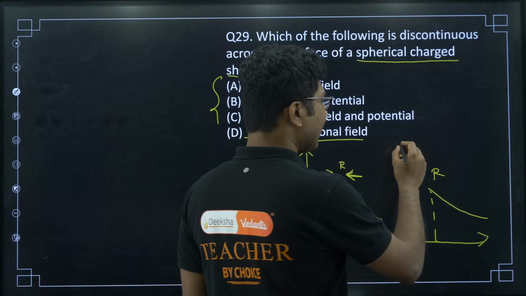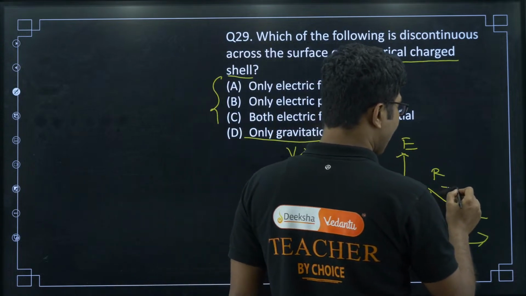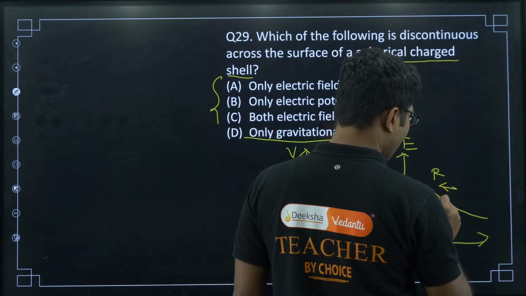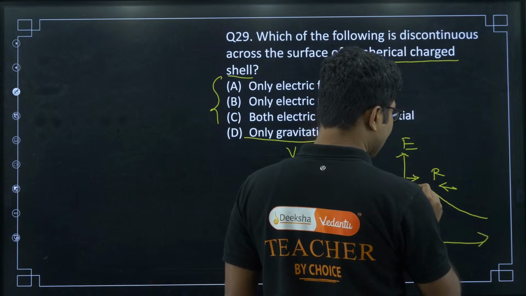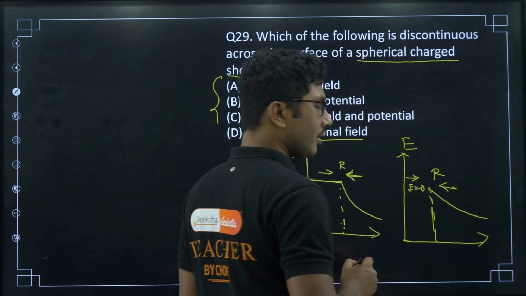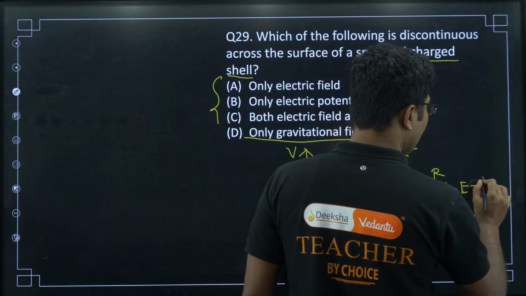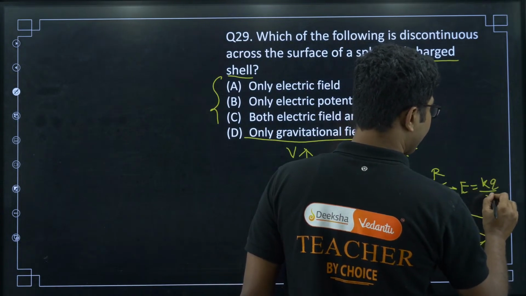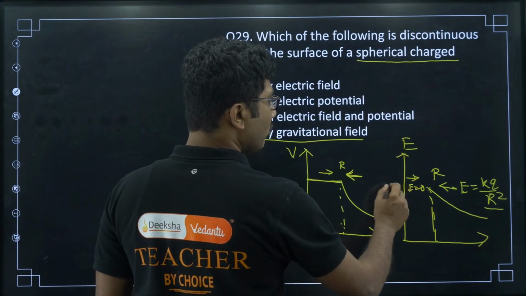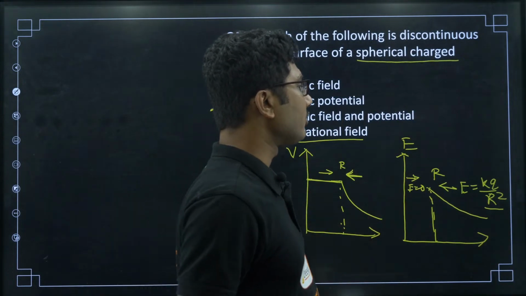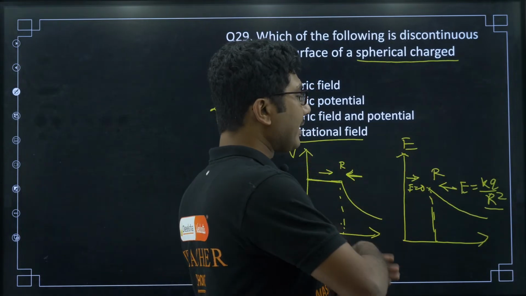Now, in the case of electric field, when you approach from inside the sphere, you get E equal to 0, but from outside, you get E equal to kq by r square. So at this point, approaching from the inside or the outside of the sphere, you get two different values.